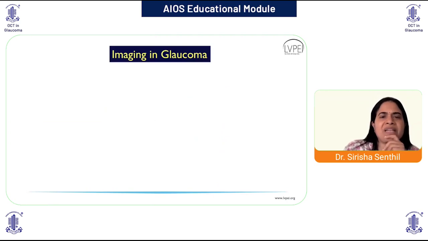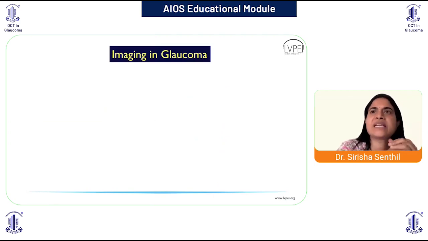So to summarize, looking at all these cases, the first case that we discussed was about how optimally the OCT is used in patients with very early glaucoma. In a couple of other cases that we showed, we knew that there were NFL changes present on the OCT, and on the clinical evaluation there were also visual field defects on both the 10-2 and 24-2, but that was not correlating to glaucoma.